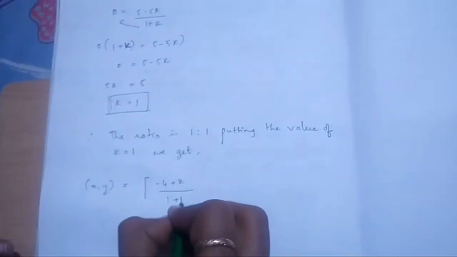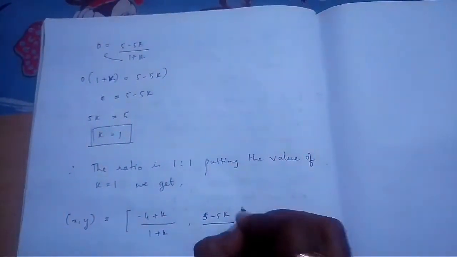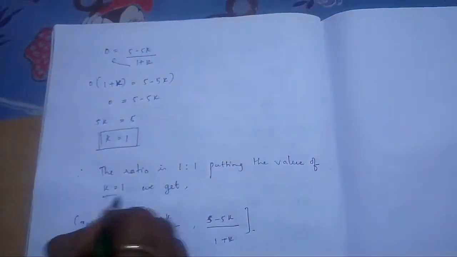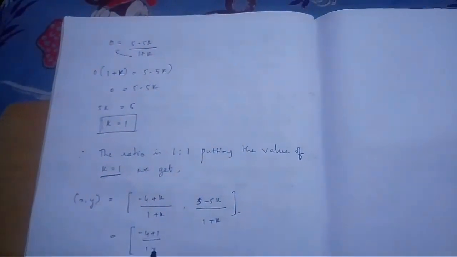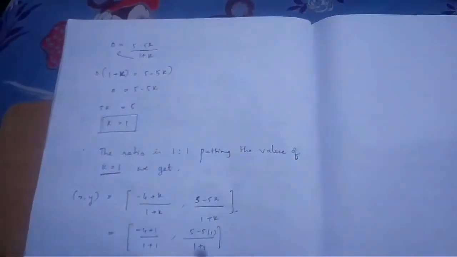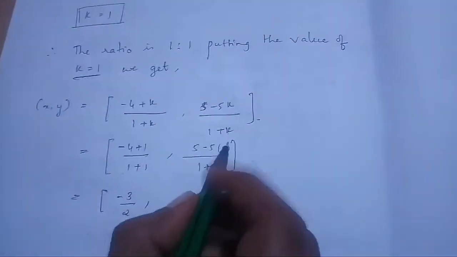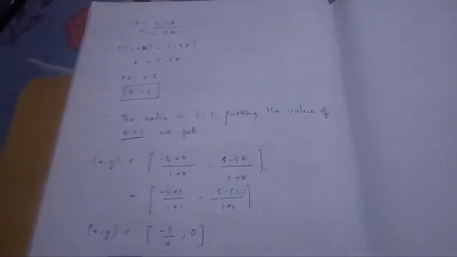We know that (x, y) is equal to (-4 + k) divided by (1 + k), and (5 - 5k) divided by (1 + k). Substituting k equal to 1: (-4 + 1) divided by (1 + 1), and (5 - 5 times 1) divided by (1 + 1), that is -3 divided by 2. This is 0 by anything, which is 0. So (x, y) is equal to (-3/2, 0). Hence solved.